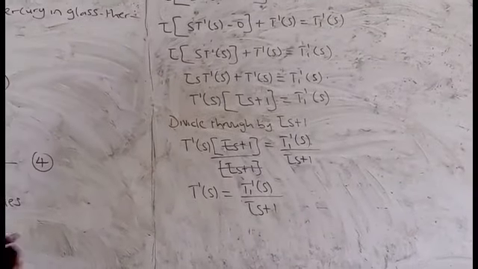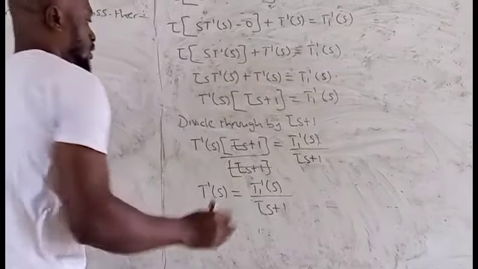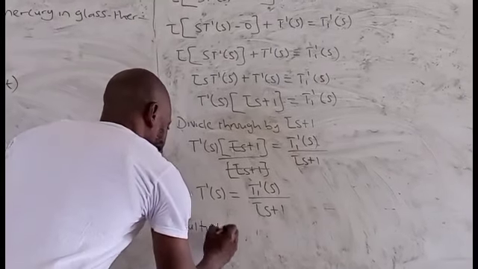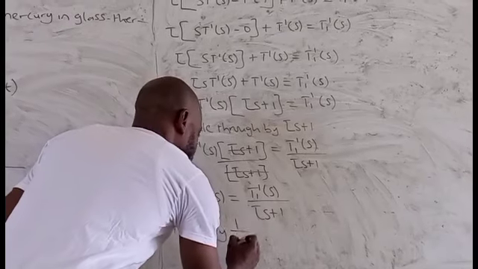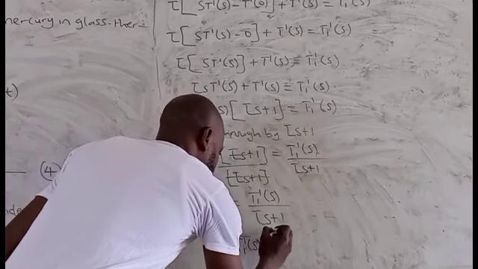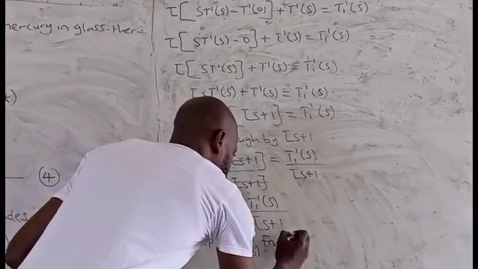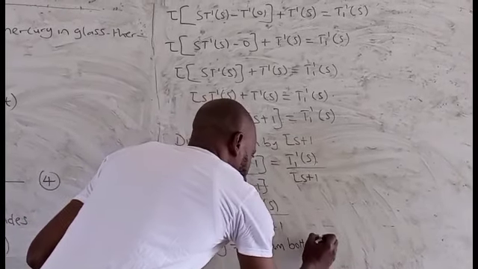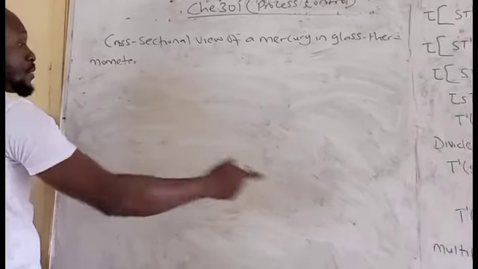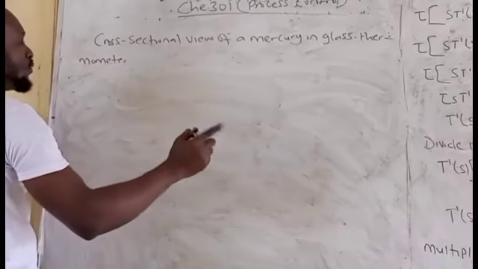So from here now, I'll multiply both sides by 1 over T1'(s).